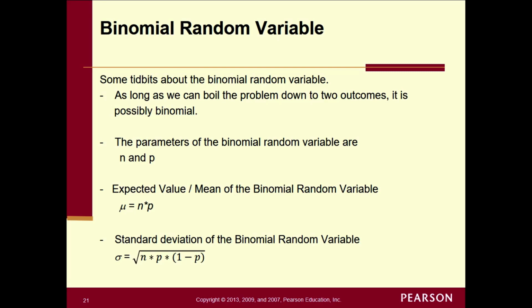Okay, so what do I mean by as long as we can boil it down to just 2 outcomes? Let me give you an example. Let's say we want to know the probability that the next person who's going to buy a car in the United States, he or she has plenty of options.